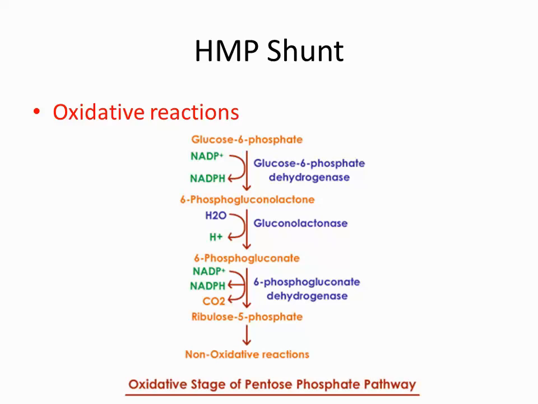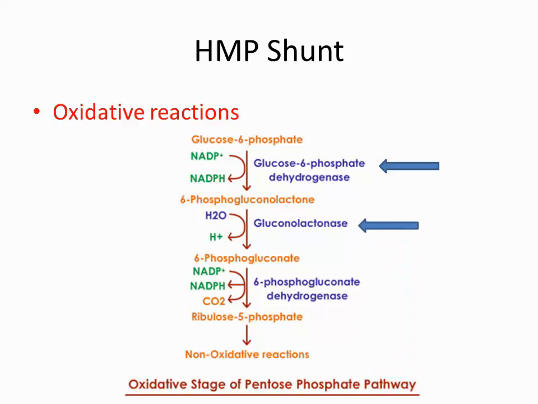So here are the oxidative reactions of HMP shunt, in which glucose 6-phosphate will turn into 6-phosphogluconolactone with the help of glucose 6-phosphate dehydrogenase, and it will release 1 NADPH in the process. After that, 6-phosphogluconolactone will convert into 6-phosphogluconate with the help of gluconolactonase.